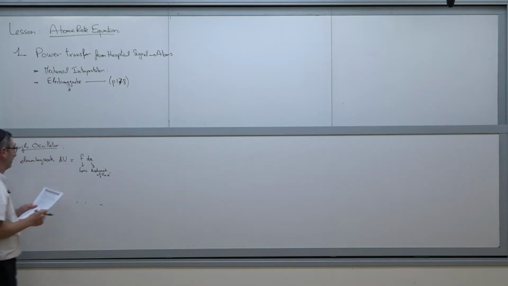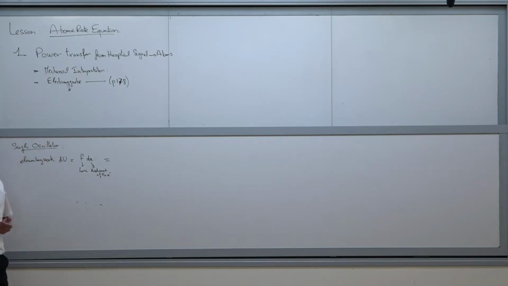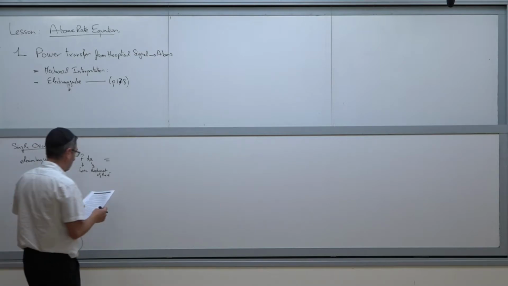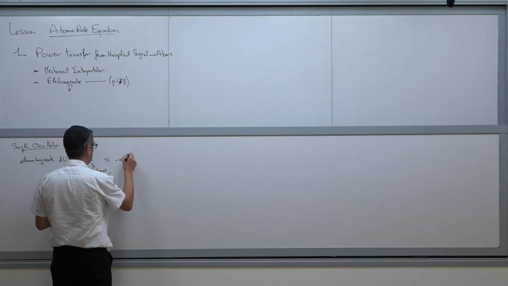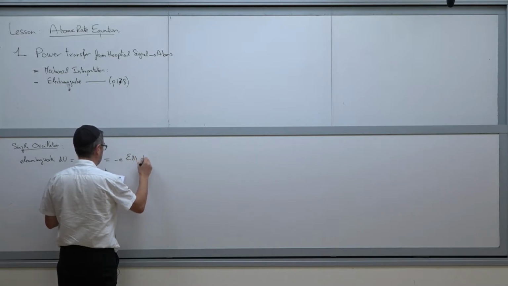Very simple. So in our case, what is F? F comes from the electric field, so it's the charge times the field: minus e times E of t, times dx.